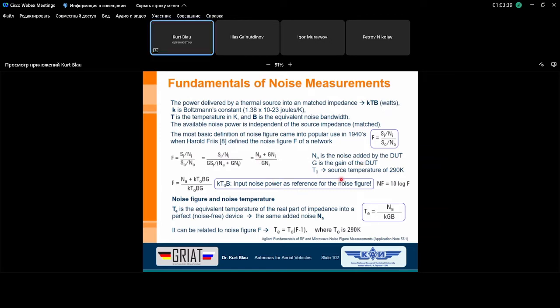It's produced by a higher temperature of the real part of our source impedance. We can, in our mind, artificially increase the temperature of our source resistance, the real part of the source impedance, and this produces at the output of the device under test the same noise behavior, the same relation that we can find here.